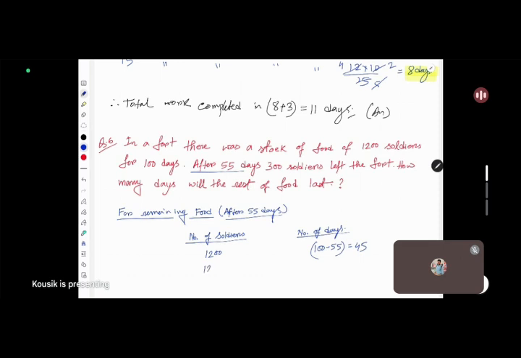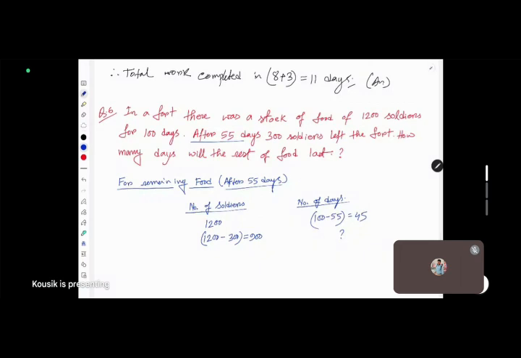But the number will be changed now, to 900. How many days will it last? It will last more days, not fewer. If 1200 soldiers eat the food for 45 days, then 900 soldiers will eat it for more than 45 days.